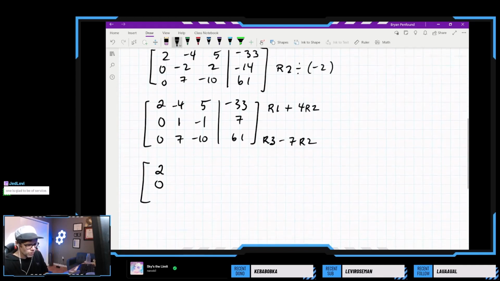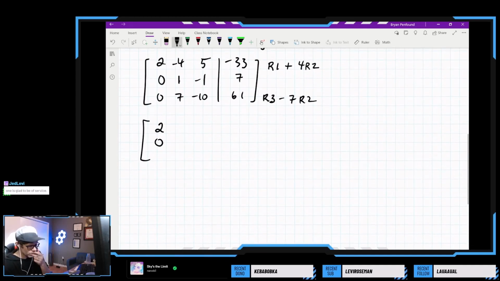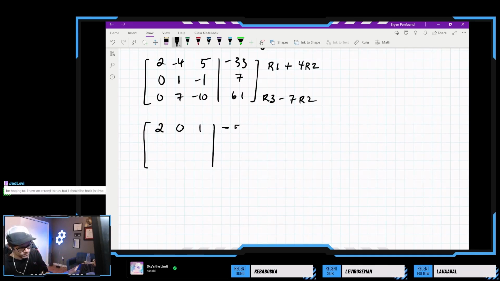So if we go row 1 plus 4 row 2s, that should still give us a 2, a 0, and then it's going to turn into 5 minus 4, which is 1. Negative 33. No change to row number 2. And then this should be 0, 0. So we need negative 10 plus 7, which should be negative 3.